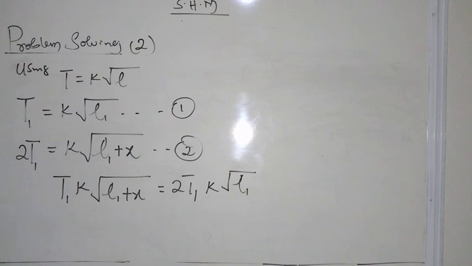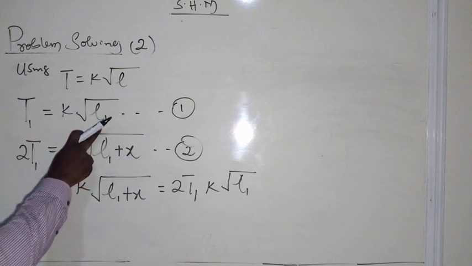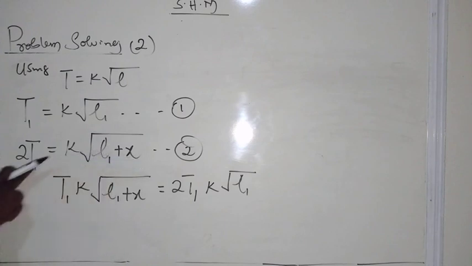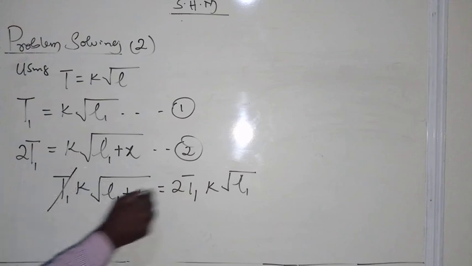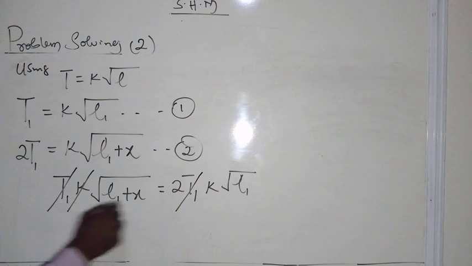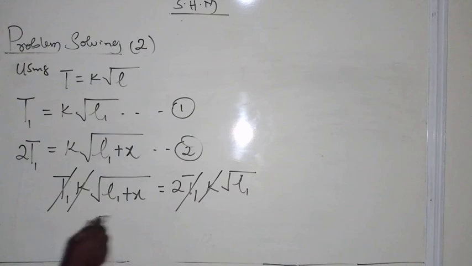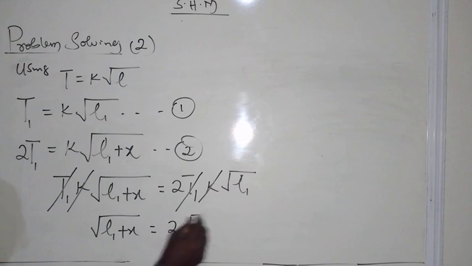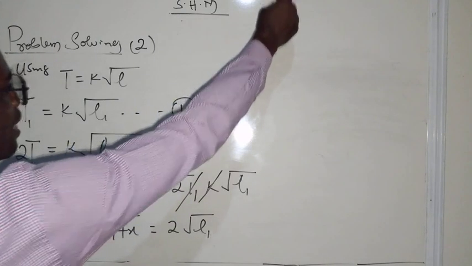So you can see that the period appears to double when the length was increased by x. The original length was L1, which was increased by x. That makes the period double. So T1 will fizzle out, k will fizzle out. So we now have root (L1 plus x) is 2 root L1.